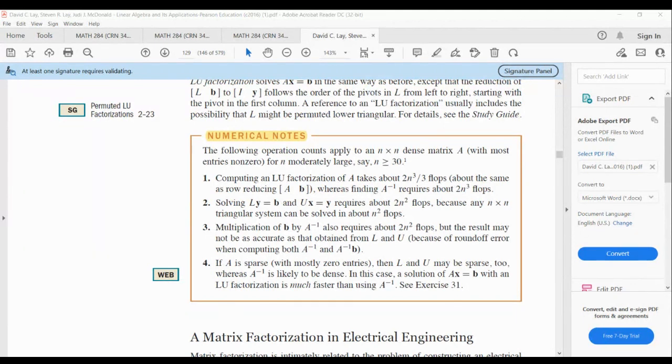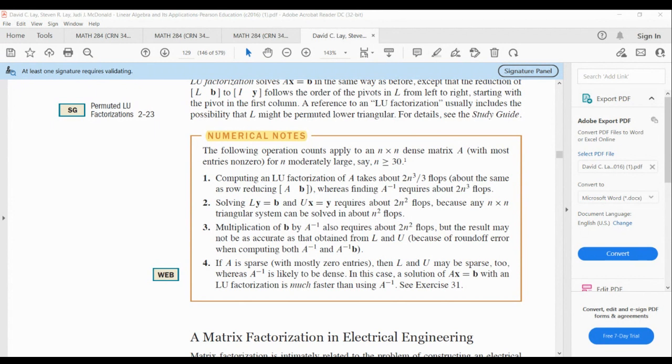They just talk about how the LU factorization takes about 2n cubed over 3 flops. But finding A inverse requires 2n cubed flops. So 2n cubed is more flops than 2/3 n cubed.